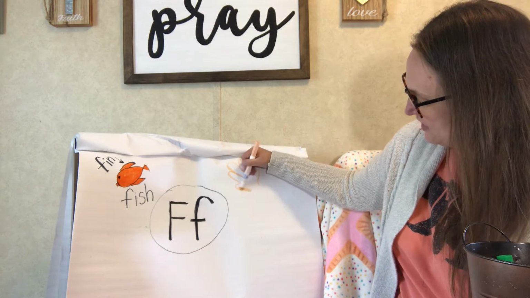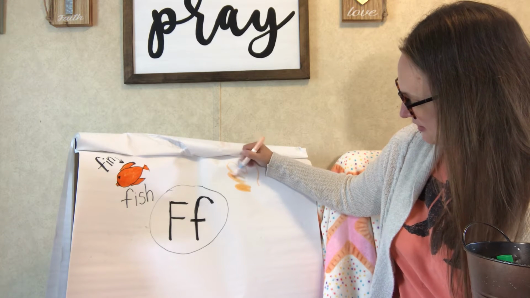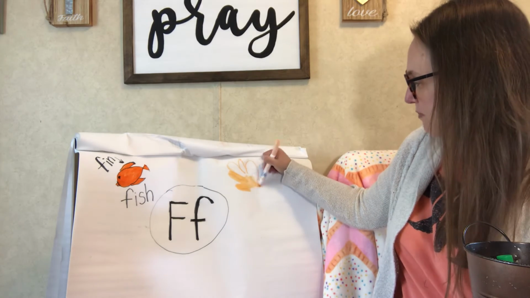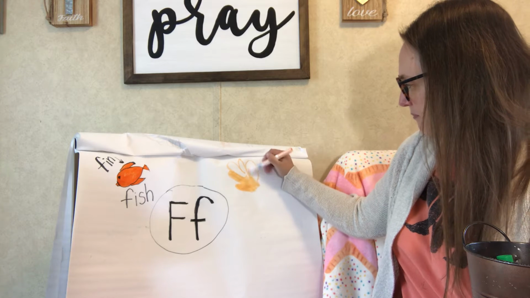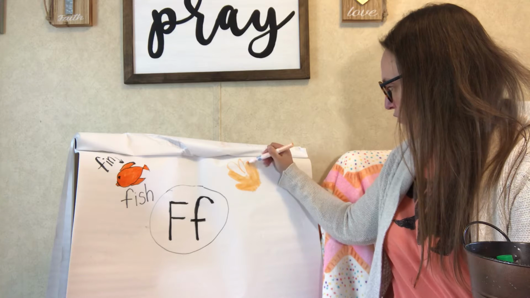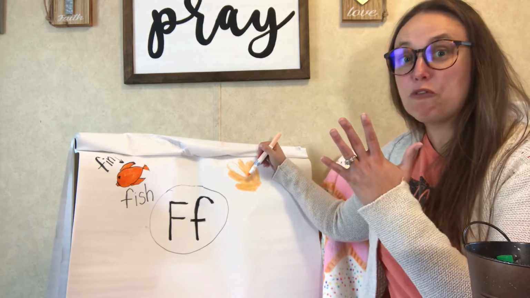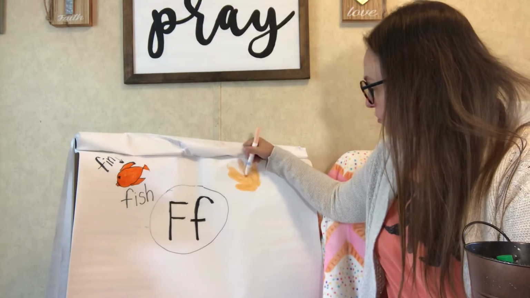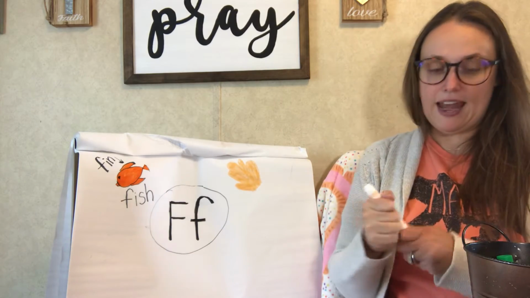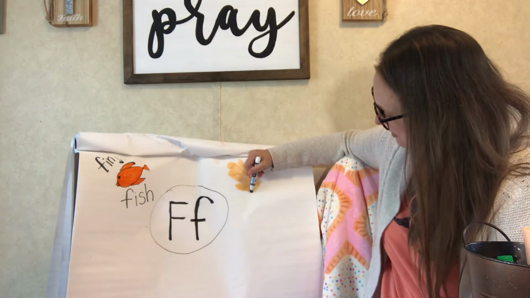Oh, remember what Miss BJ said about I'm not the best artist? So it might look a little wonky, and that's okay. We can use my black marker to go back and make it look a little better. Fingers and 5. They both begin with an F. So we can do a double duty again, just like we did over here. Now, remember, I'm going to go back and use my black to outline that a little bit.